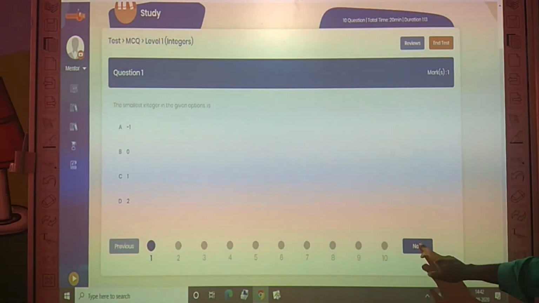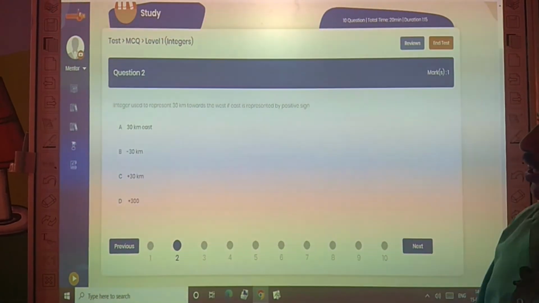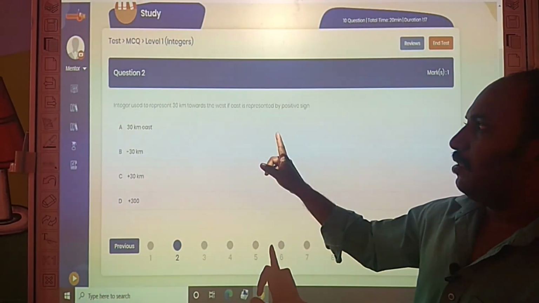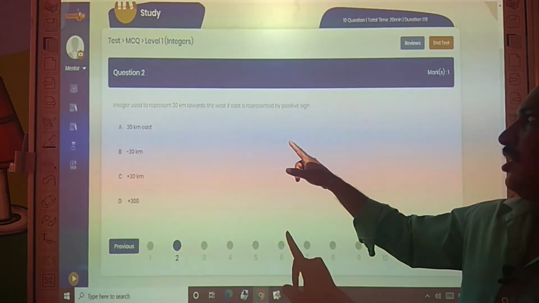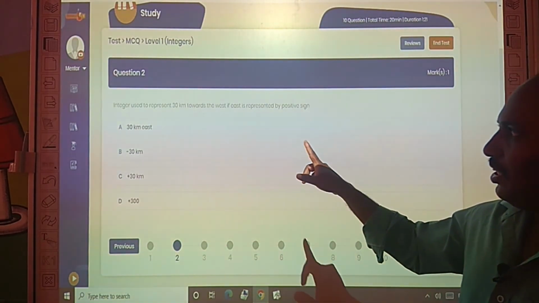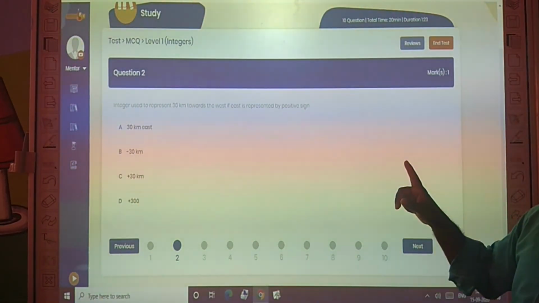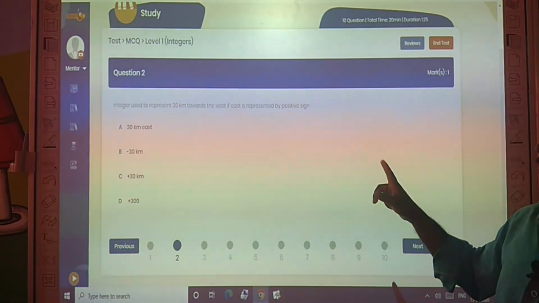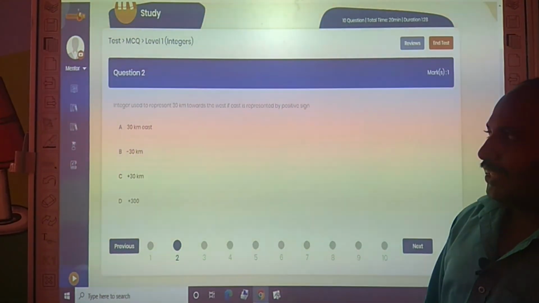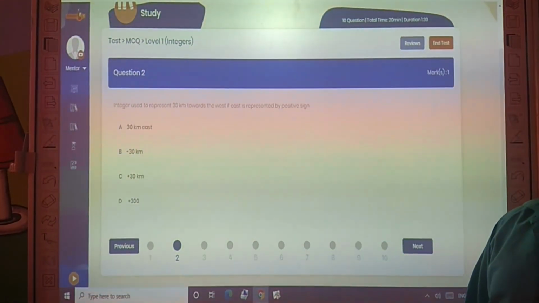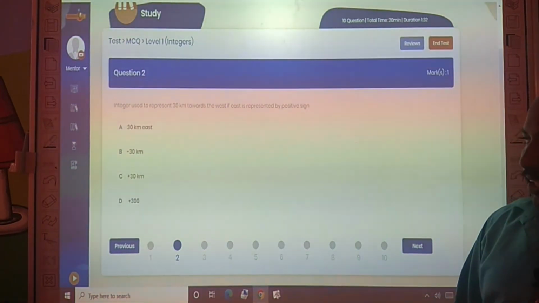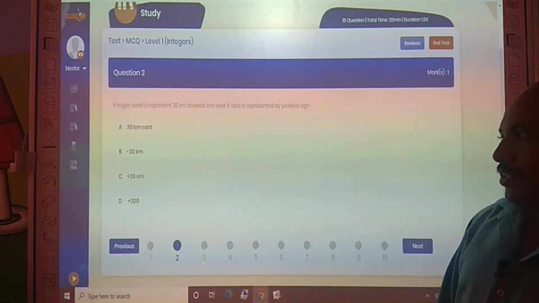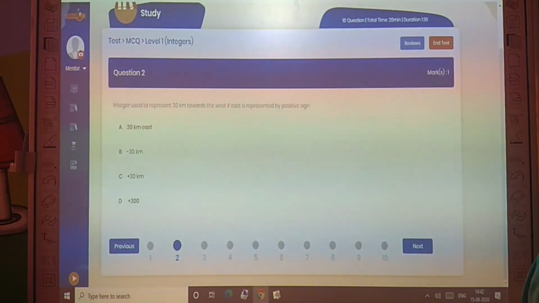The next question is, the integer used to represent 30 km towards the west, if east is represented by the positive integer: A 30 km east, B minus 30 km, C plus 30 km, D 300.